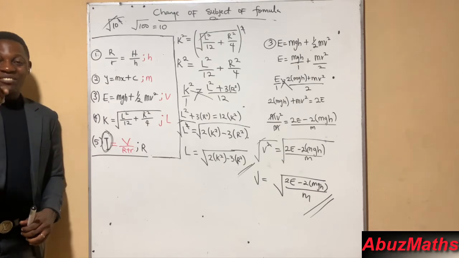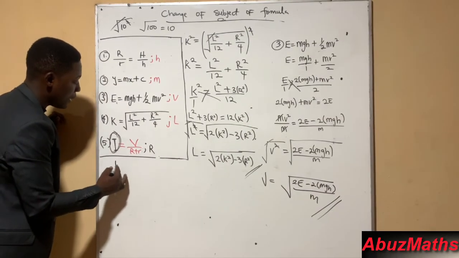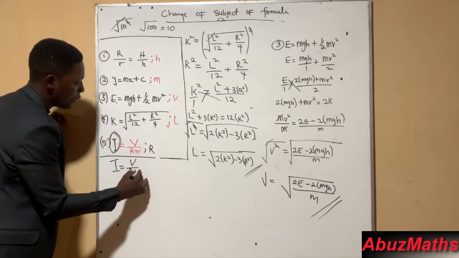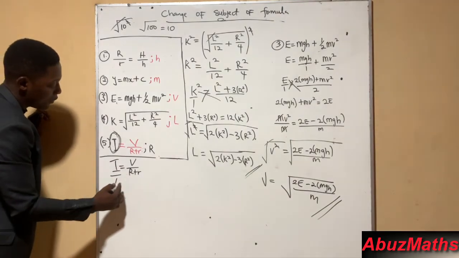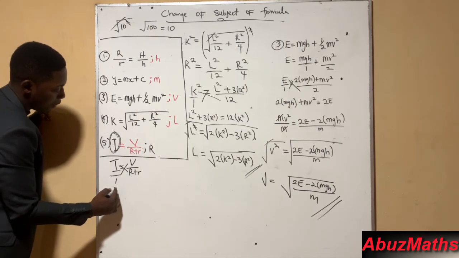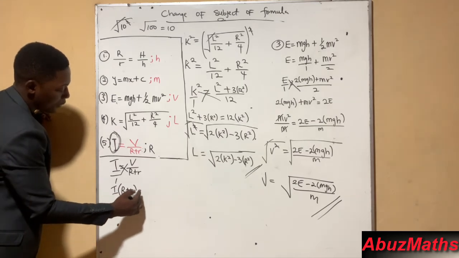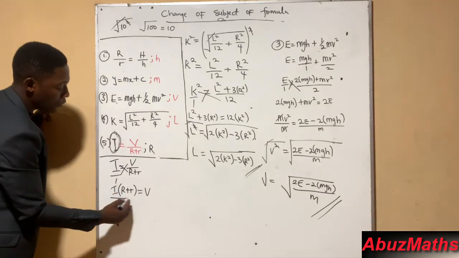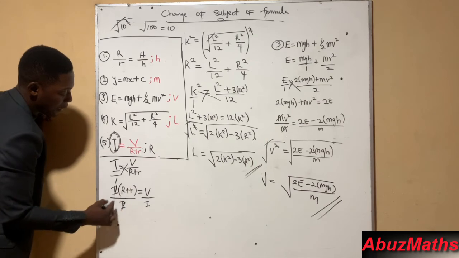Alright, I know you've done yours. Now, let's see. This is I is equal to V over R plus r. Now, here we cross multiply. It gives us I into brackets R plus r is equal to V. Now, this is I multiplied, so we can divide by I, and this I cancels.